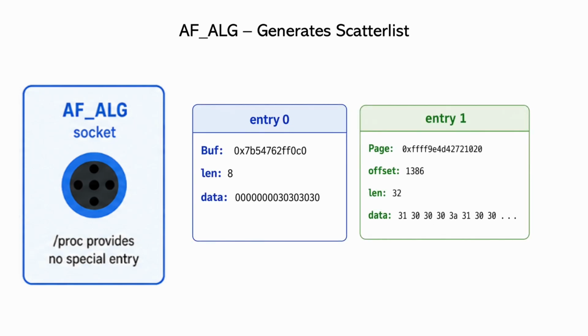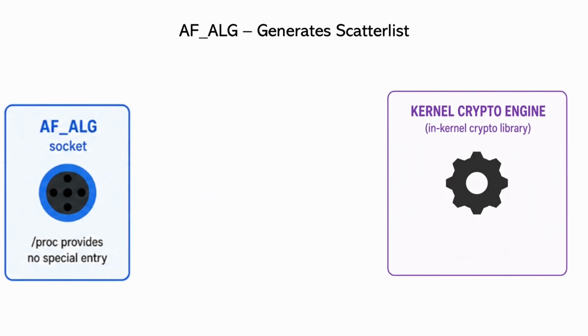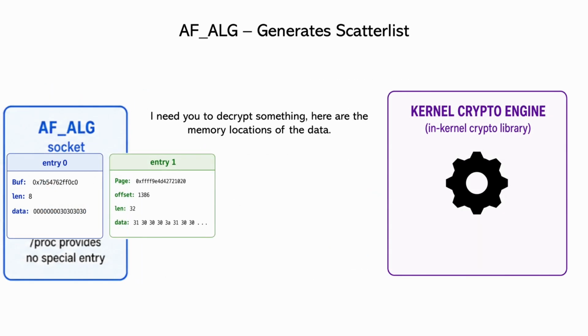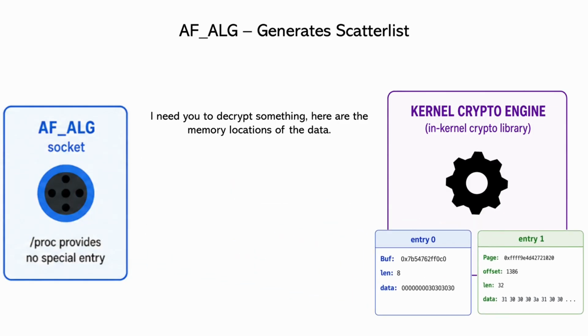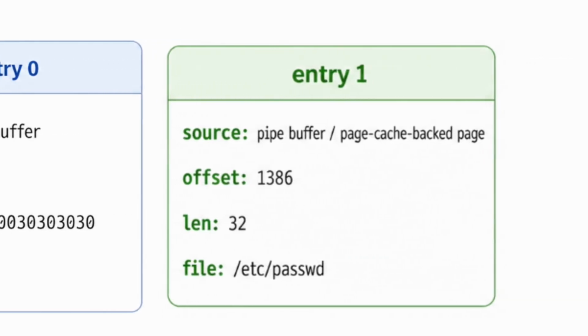A scatter-gather list is basically a list of memory chunks. Instead of copying everything into one clean buffer, AF_ALG can describe where the different pieces of data already live in memory and then hand the layout to the decryption code. However, because we used splice, we managed to place a reference to the page-cached /etc/passwd file inside that list.